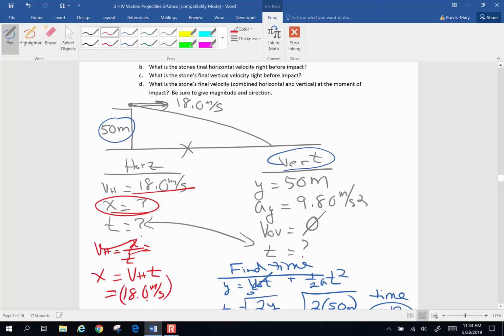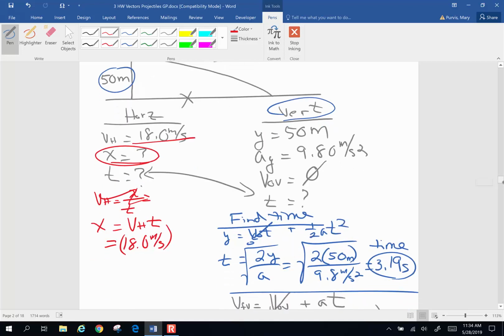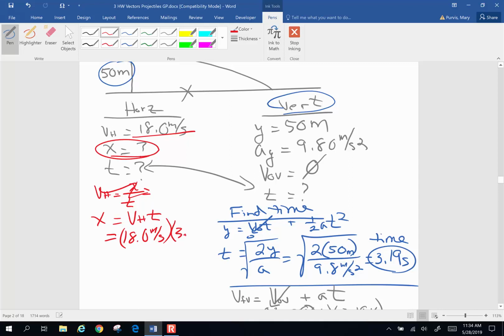We found the time. Let's go back and look at it so I don't make crazy numbers up: 3.19 seconds. So displacement is going to be 3.19 times 18 meters per second, 57.4 meters is the horizontal displacement.